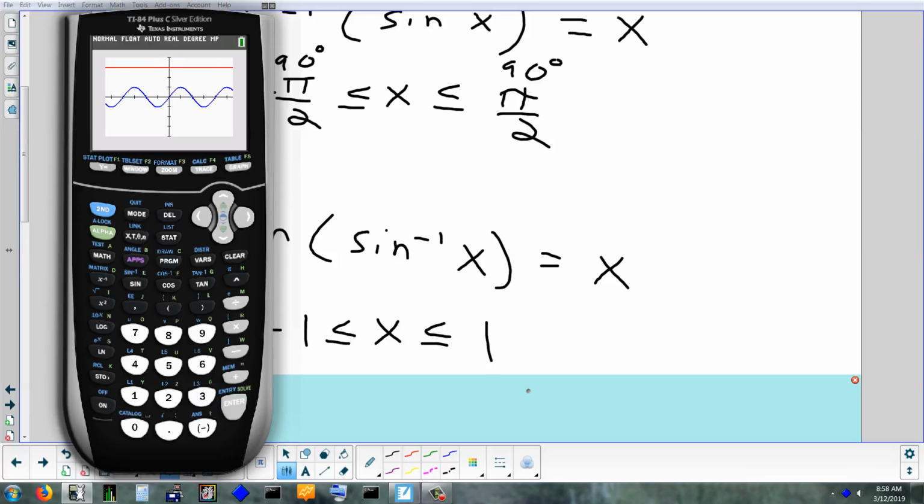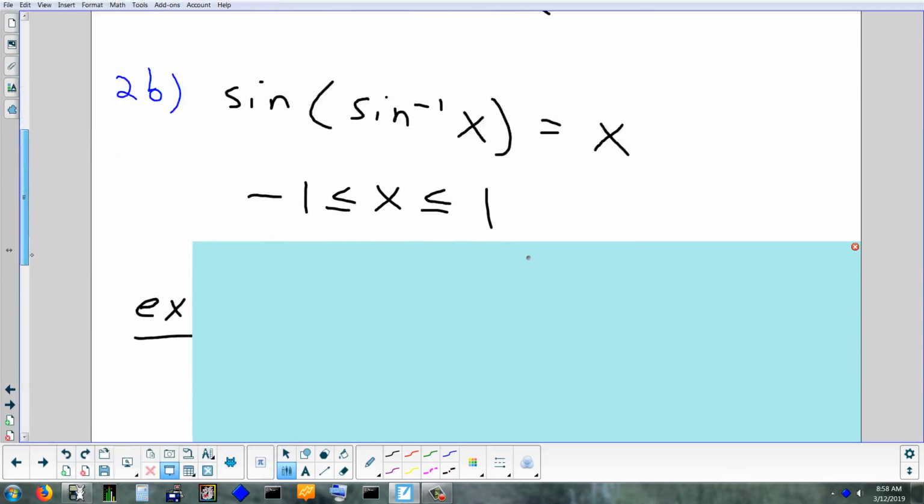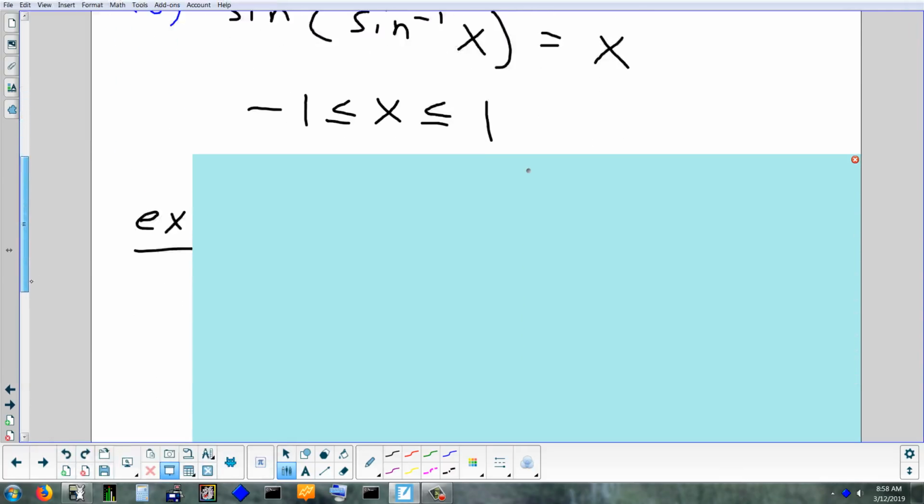They don't. So this time when you hit enter, you're not even going to get an answer because you're trying to do something that's impossible. So it gives you an error. So in the first formula, if you type in a number outside negative 90 to 90, you'll still get an answer. But in this one, if you type outside negative 1 to 1, you won't even get an answer.